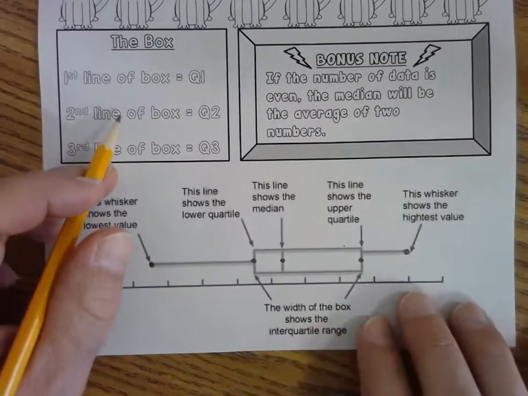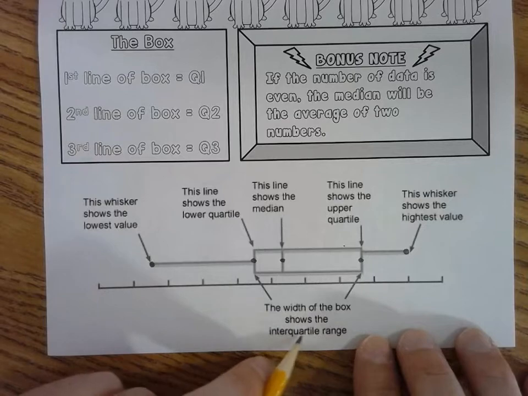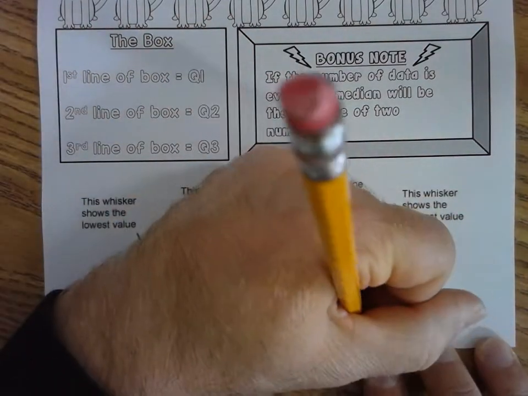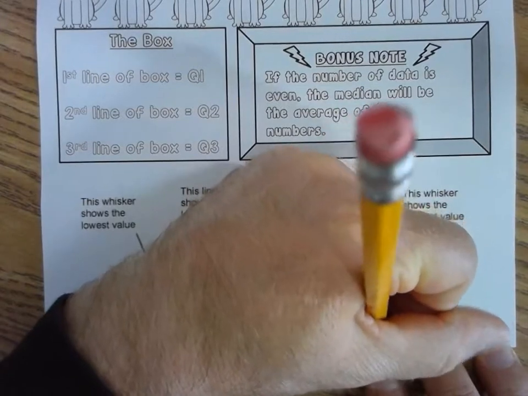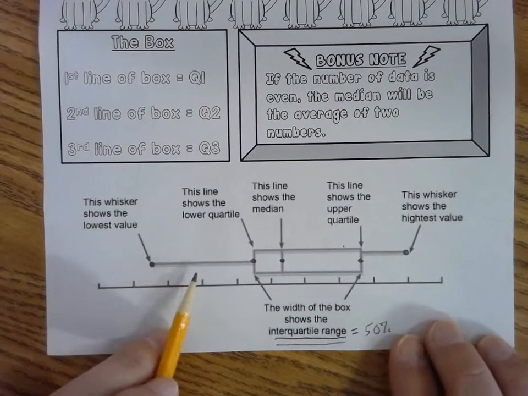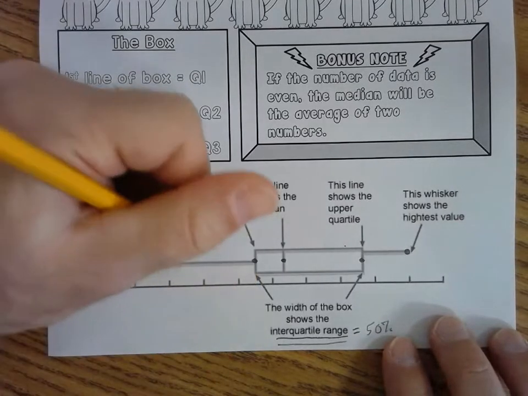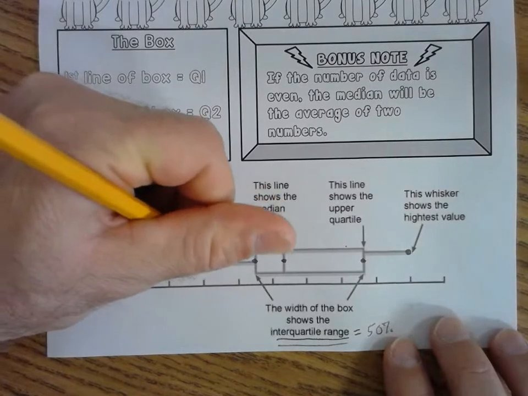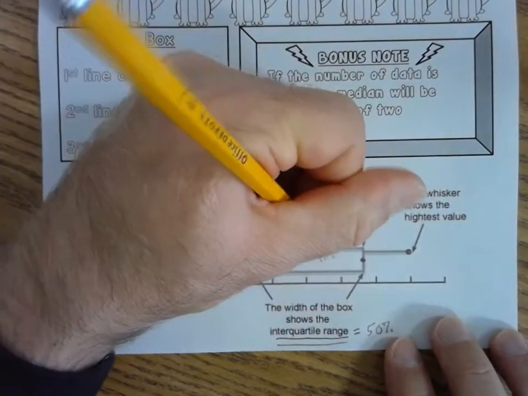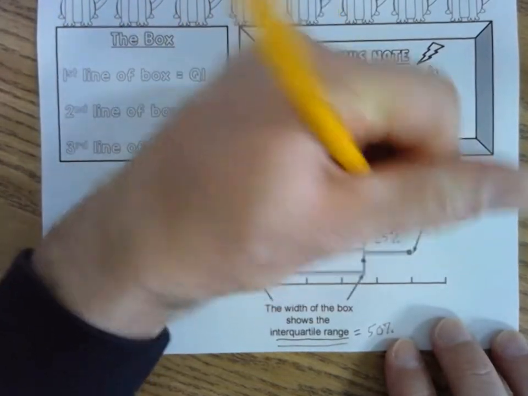The width of the box shows the interquartile range. They call this the interquartile range, and that is equal to 50% of your data. So basically when you look at your box and whisker plot, between each set of dots is 25% of your data. There's 25%, here's 25%, here's 25%, and here's 25%.